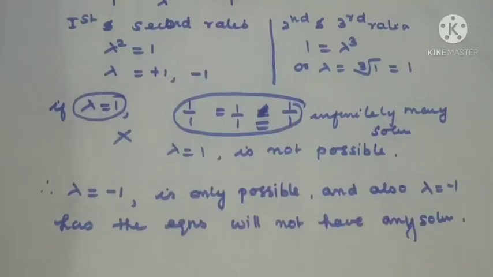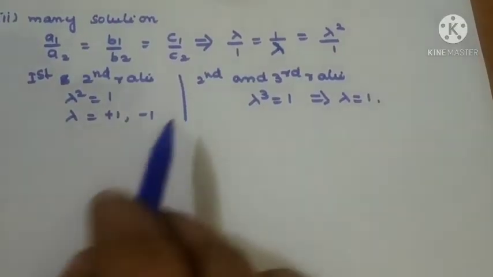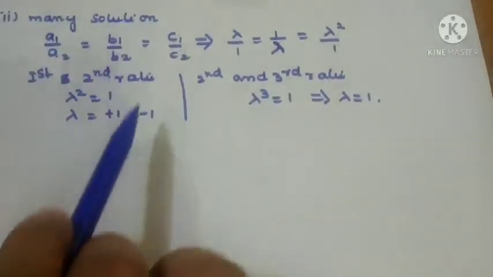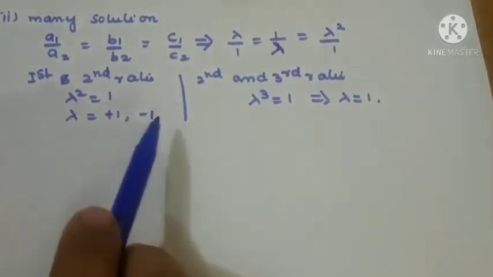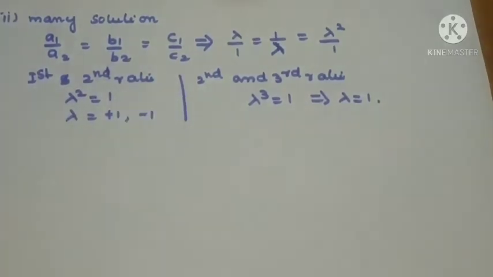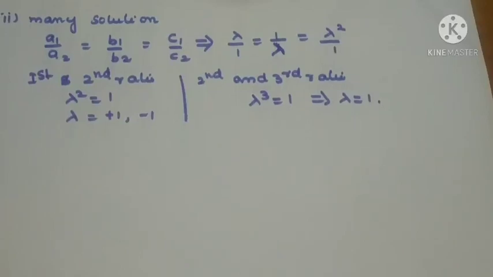We already saw the steps in the previous one, lambda equal to plus 1 and minus 1, and lambda equal to 1. If we are having minus 1, no solution is possible. By this question, many solutions are required.